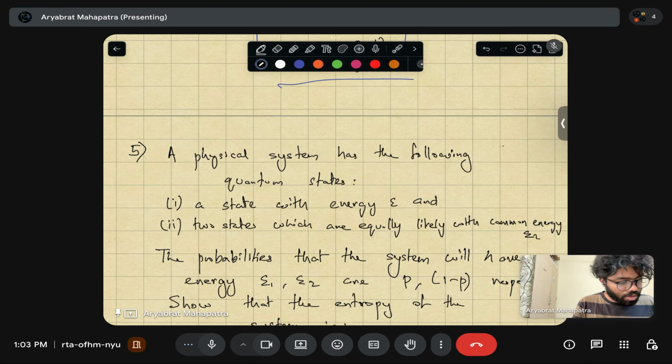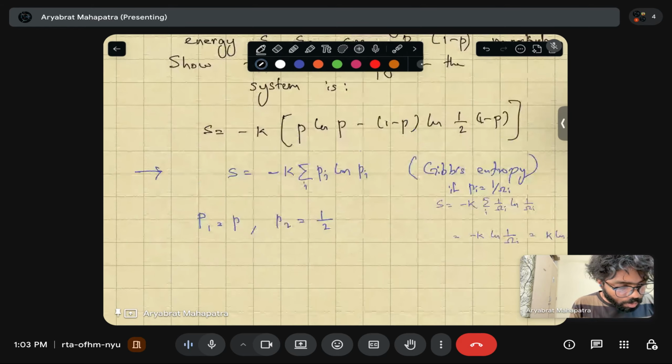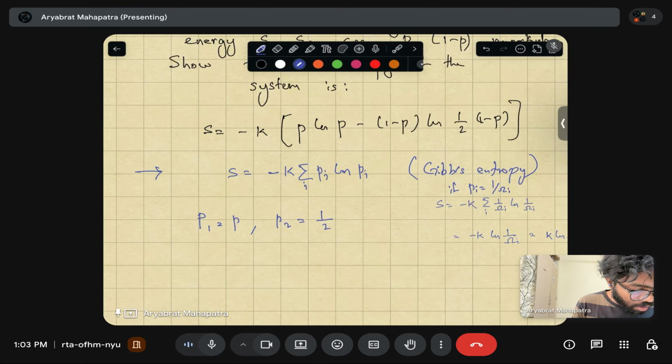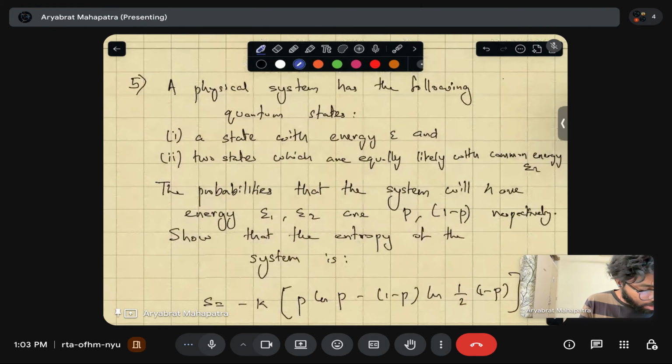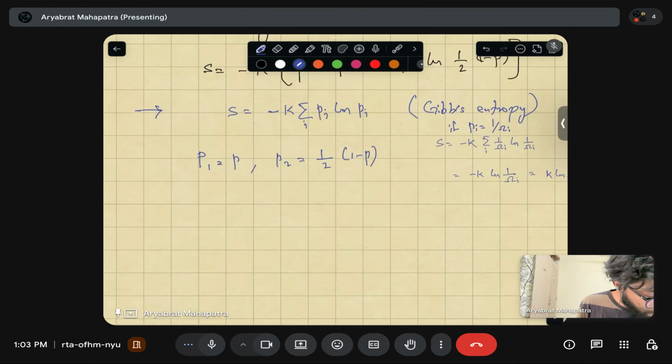So then you can write down your probabilities. Your p1 will be p, and your p2 will be half of 1 minus p. And since the other two are equally likely, you also have p3, which is again half of 1 minus p.